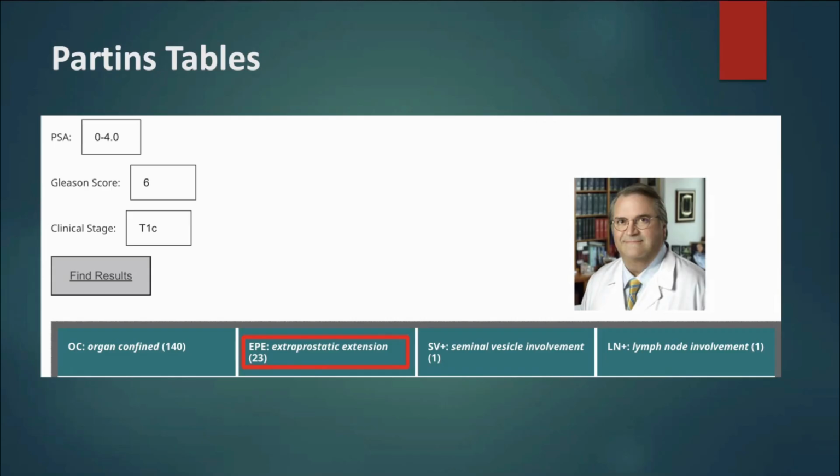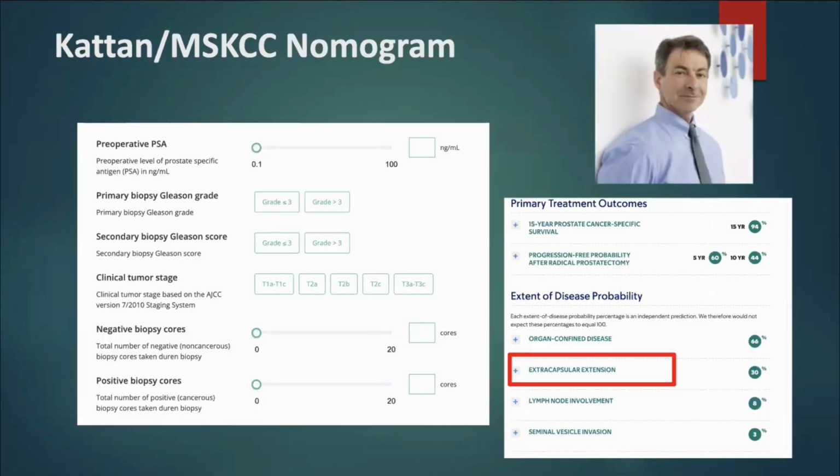Interestingly, it doesn't offer side-specific risk, and I think that's really important for its utility in surgical decision-making, because if it doesn't give a side-specific risk for what is a side-specific operation, I think it's much less applicable. The next nomogram developed was the CAPRA or MSKCC nomogram, which is pretty similar to Partin's.